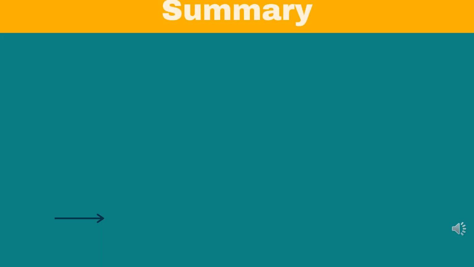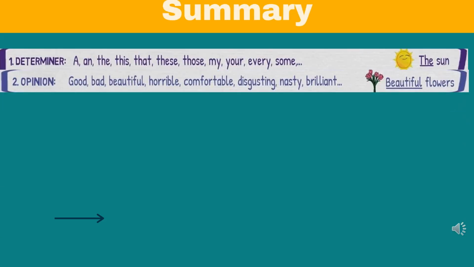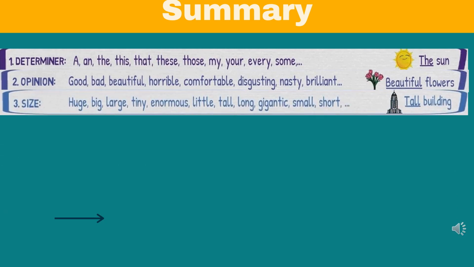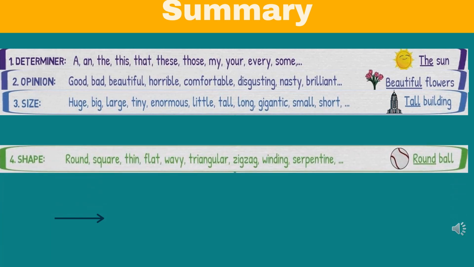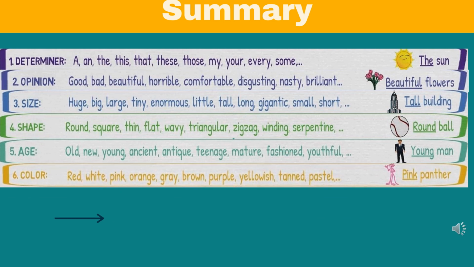Let's review the complete order of adjectives. Determiner, which one? A, the, my, this. Opinion, what do you think? Beautiful, horrible. Size, how big? Huge, tiny. Shape, what form? Round, flat. Age, how old? New, ancient.